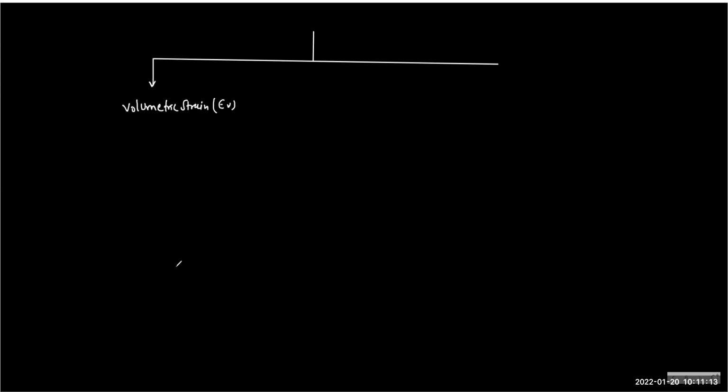Similarly, in liquids, when some disturbance is created, it also creates a volumetric strain. So in case of fluid, the only strain we talk about is volumetric. We cannot talk about the longitudinal or transverse.